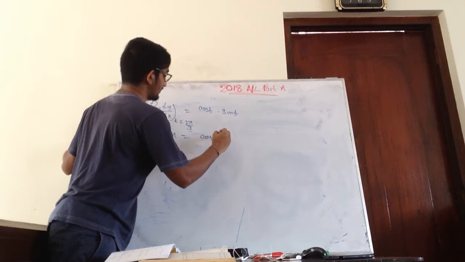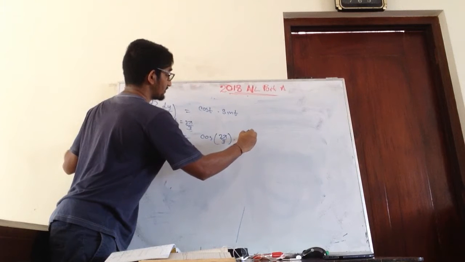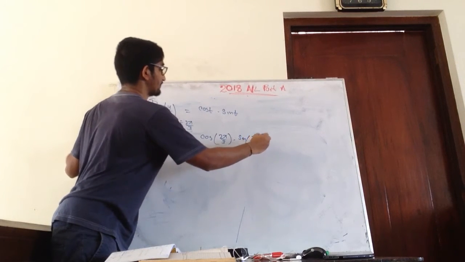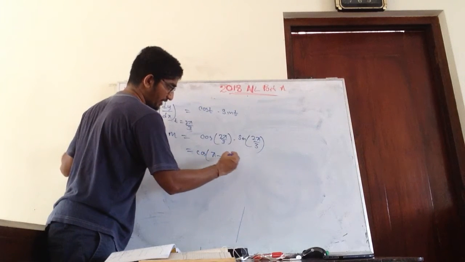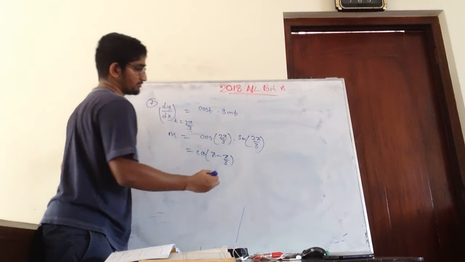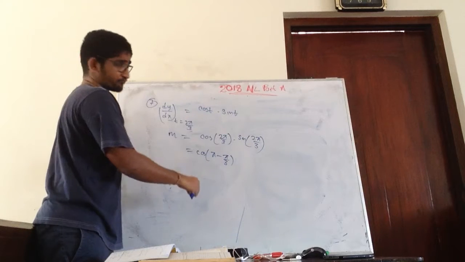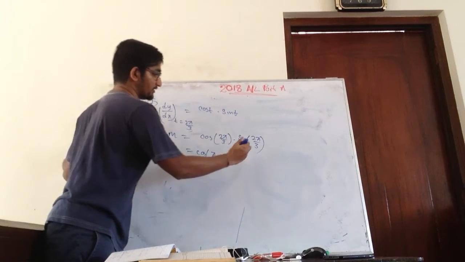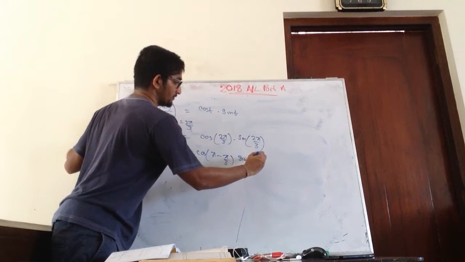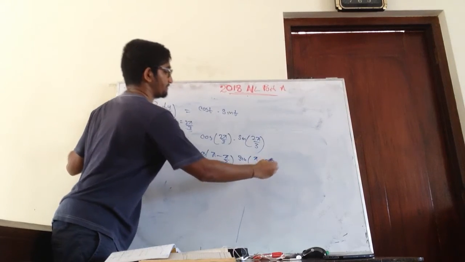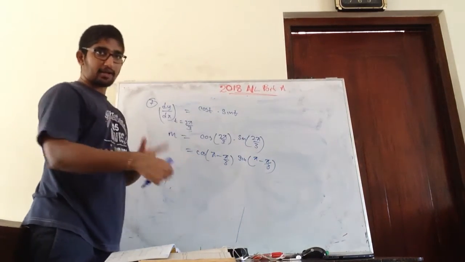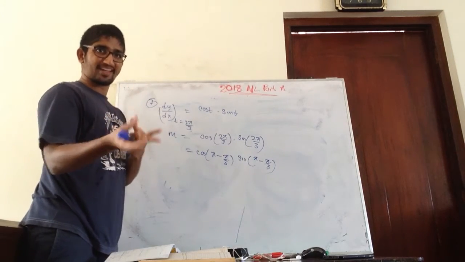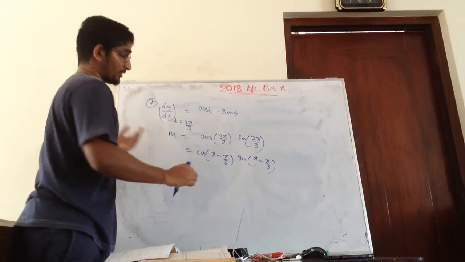cos 2 pi over 3 sin 2 pi over 3. I can write this as cos(pi minus pi over 3), no? 2 pi over 3 I have written as this. So sin also (pi minus pi over 3). So what I basically did was I'm going to convert this into an acute angle so that I know the answers.